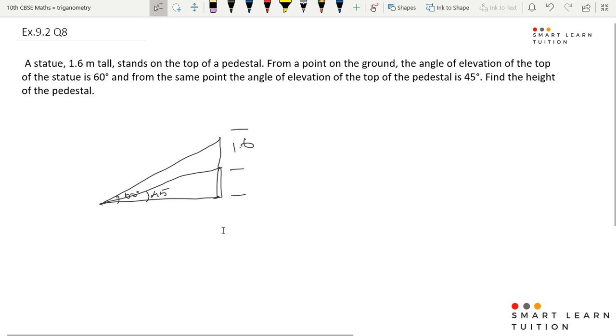So first, which triangle will we take? We will take the small triangle.